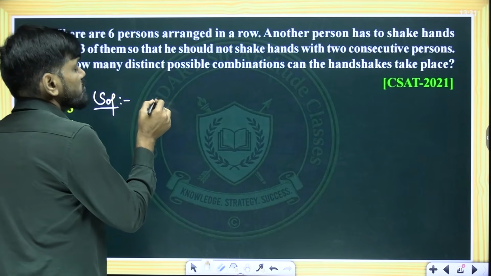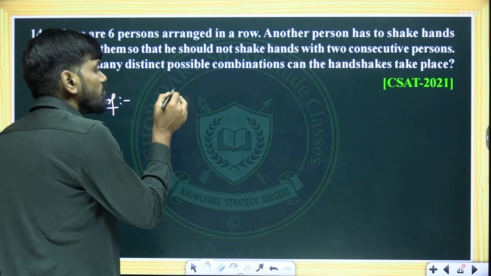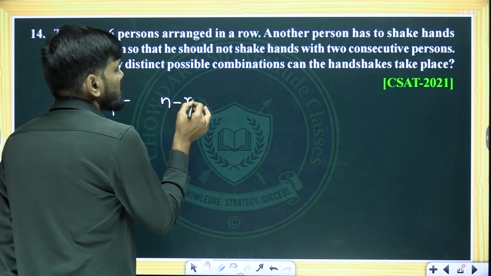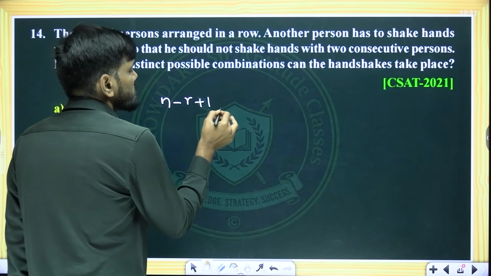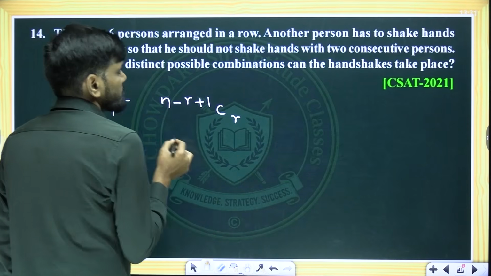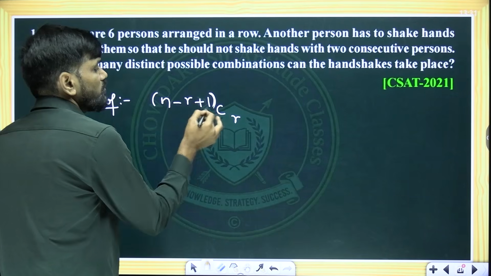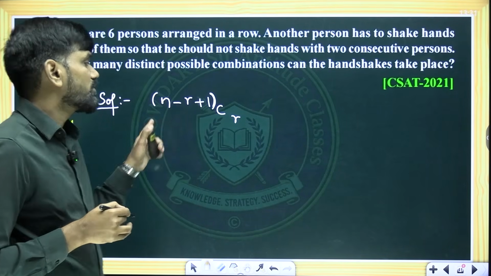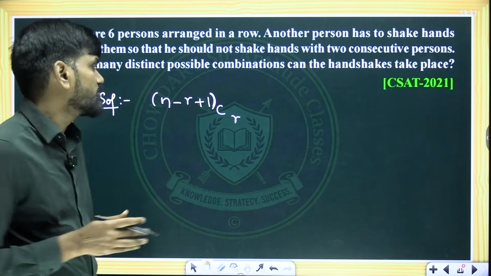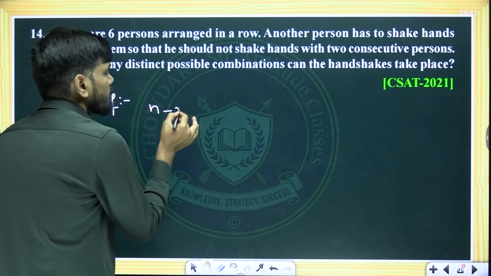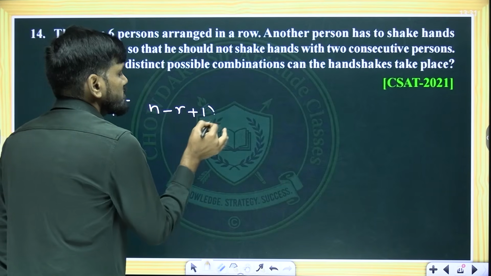So out of n objects, you can choose R objects such that no 2 are consecutive in how many ways? n minus R plus 1 CR ways.